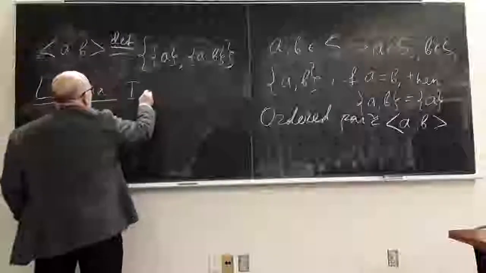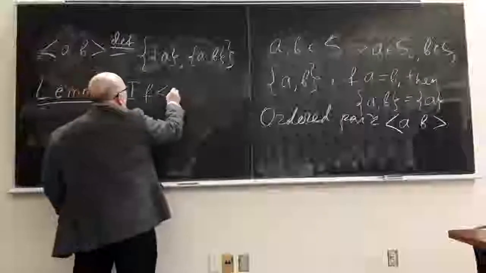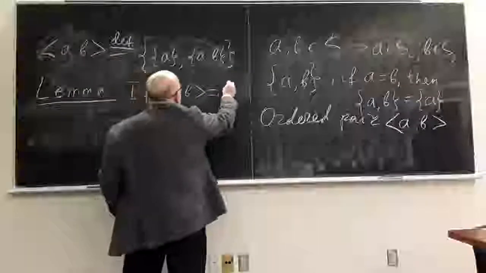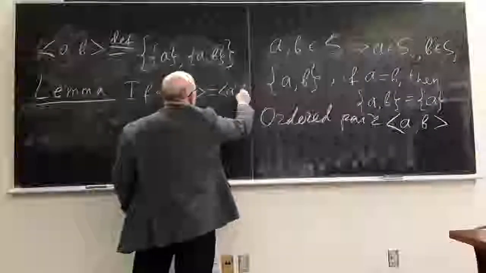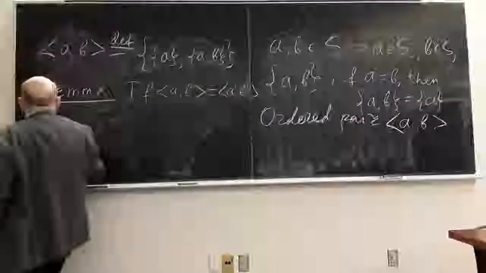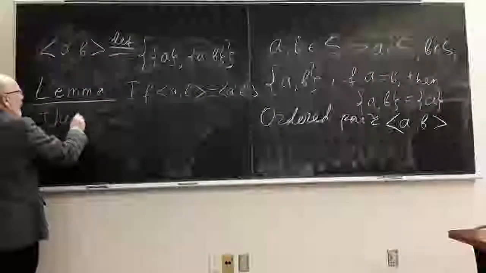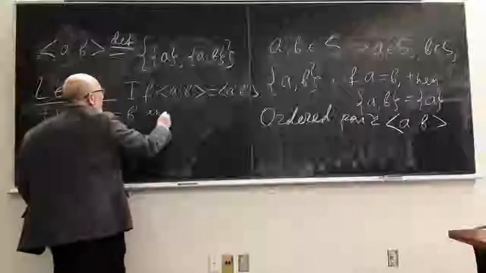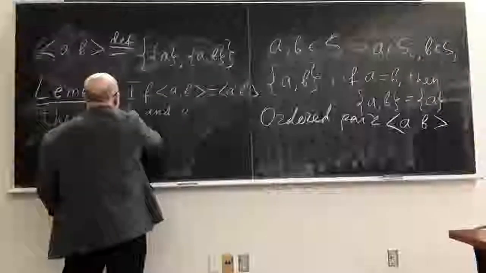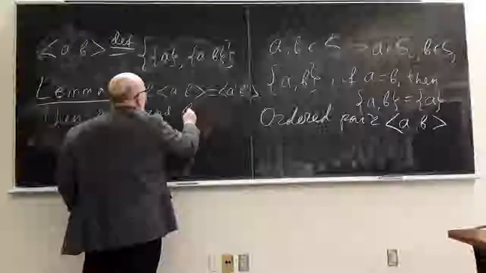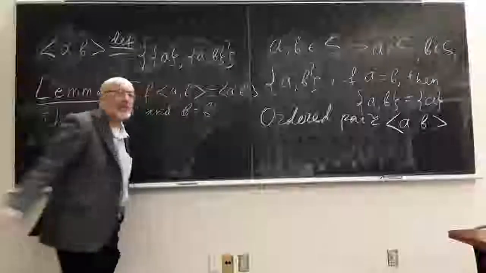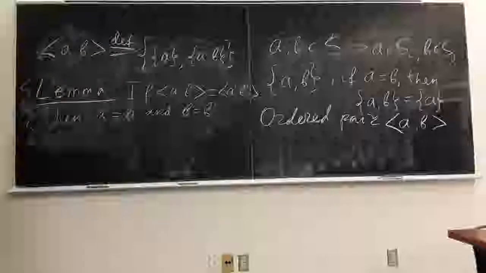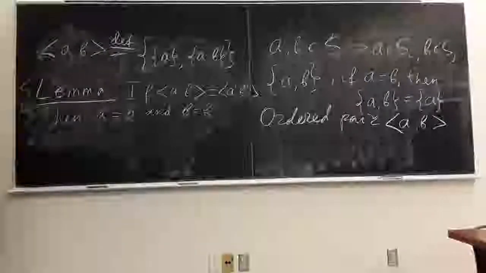If we have two pairs, (A, B) is the same as (A prime, B prime), then A equals A prime and B equals B prime. Now let me prove this lemma.